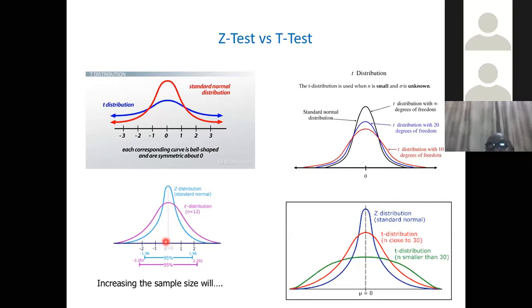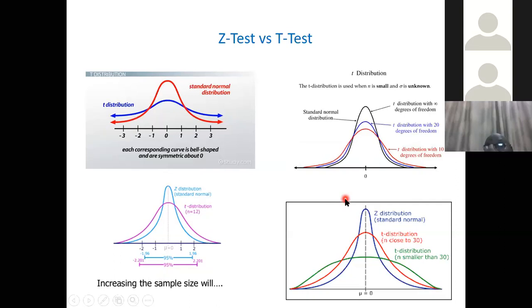So for the normal distribution, the middle 95% corresponds with minus and plus 1.96 standard deviations. But for the T distribution with 12 degrees of freedom, the middle 95% corresponds with minus 2.201 and plus 2.201 standard deviations.